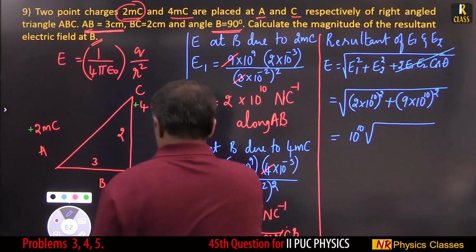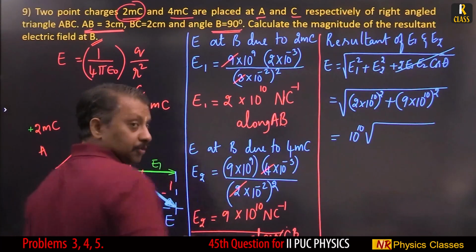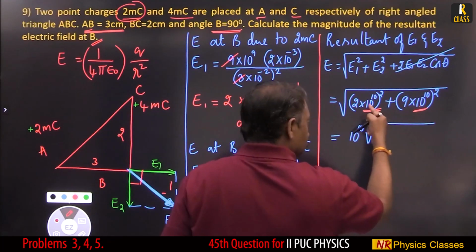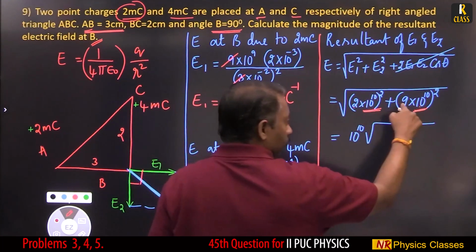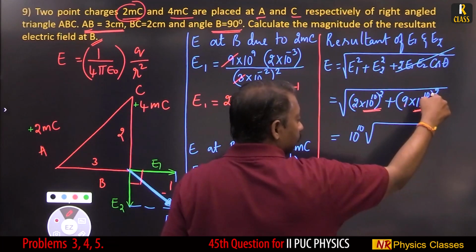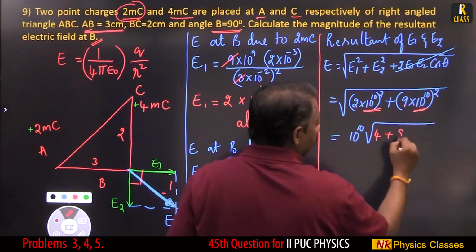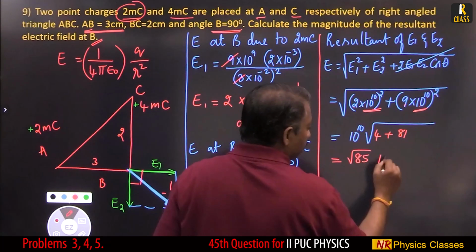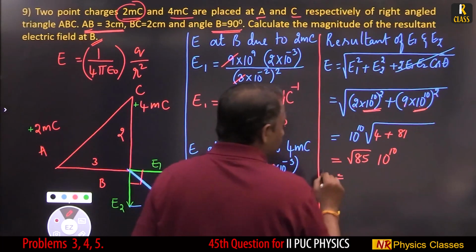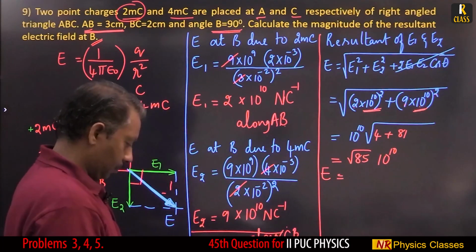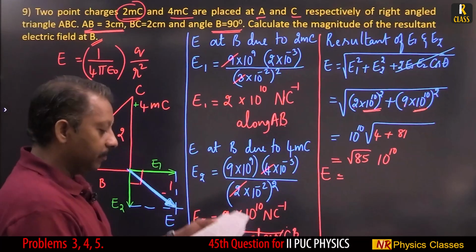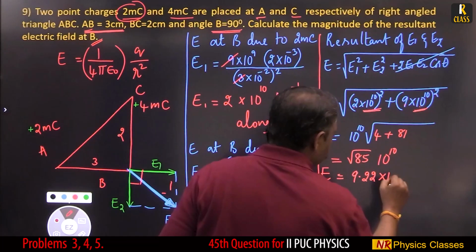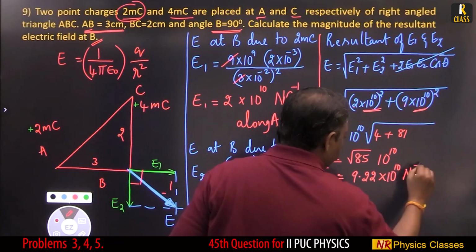Students observe, take that outside: 2 square is 4, 9 square is 81, 4 plus 81 is 85. Root 85 into 10 to the power of 10, which is equal to 9.22 into 10 to the power of 10 Newton per Coulomb.